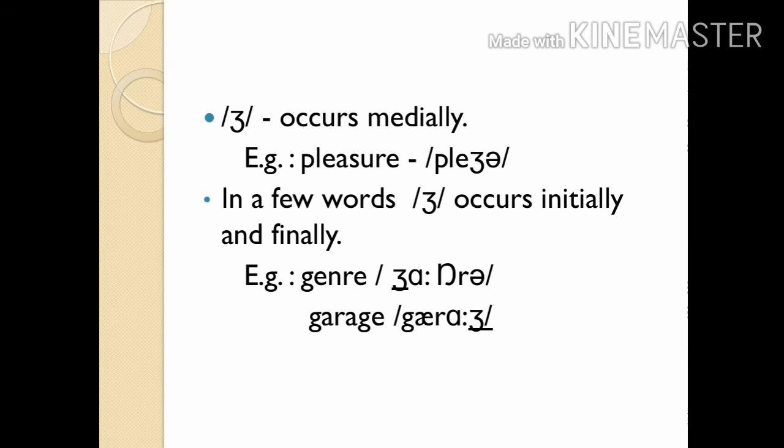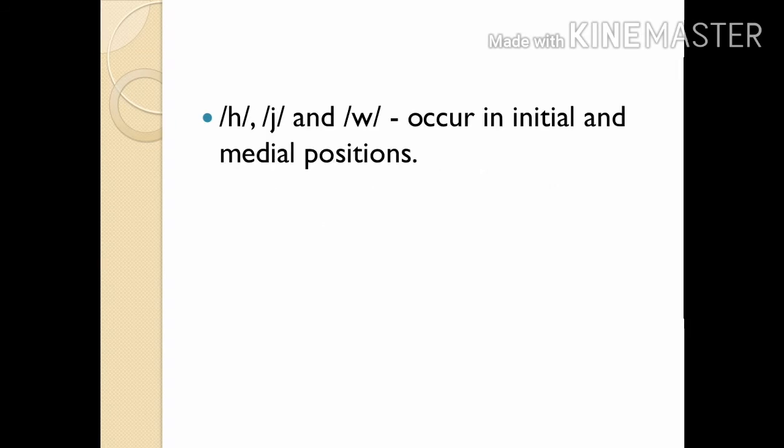The consonant r occurs medially. In a few words, r occurs initially as in rang and finally as in garage. The consonants h, y and w occur in initial and medial positions but not in final position.